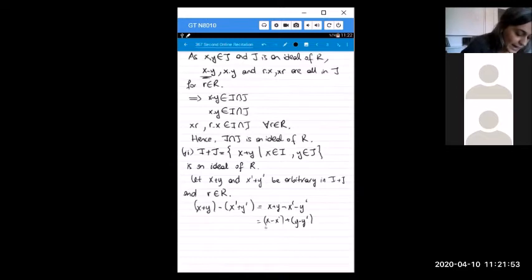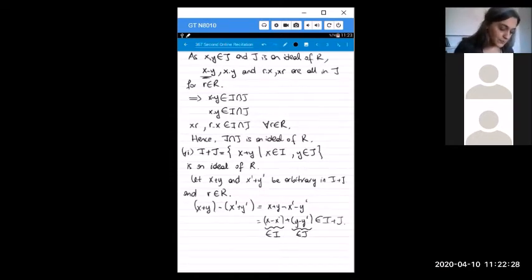Now, since x and x prime are from I, this part lies in I. And since y and y prime are from J, the part y minus y prime lies in J. So we have the addition of an element from I and an element from J. This means that this is from I plus J. Hence, I plus J is closed under addition and additive inverses.